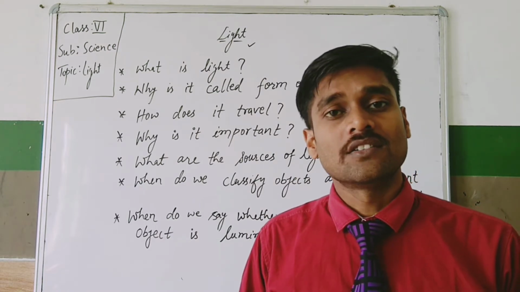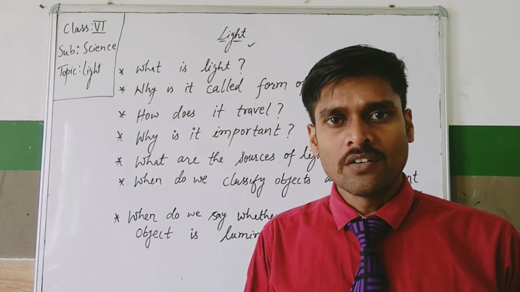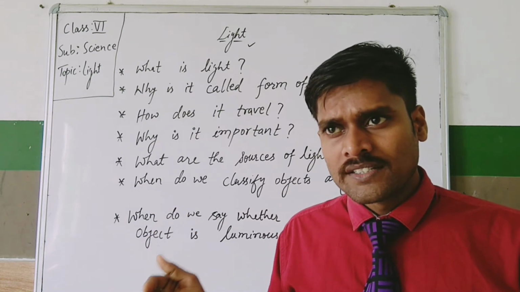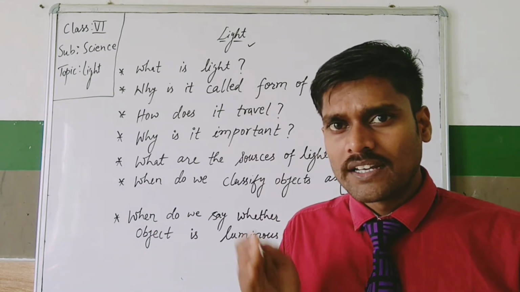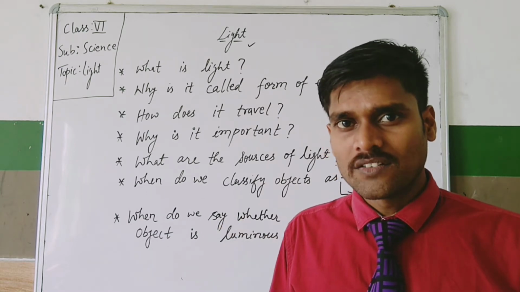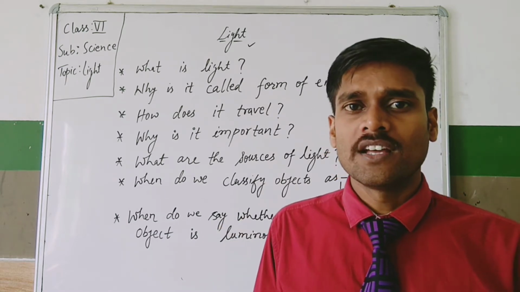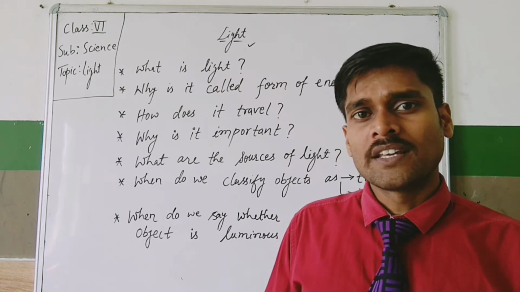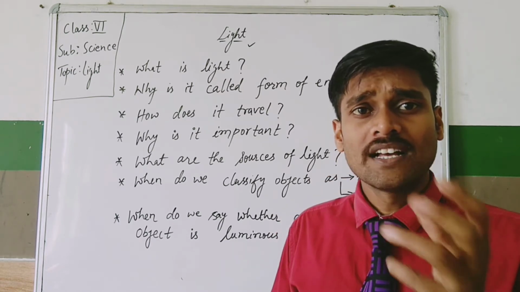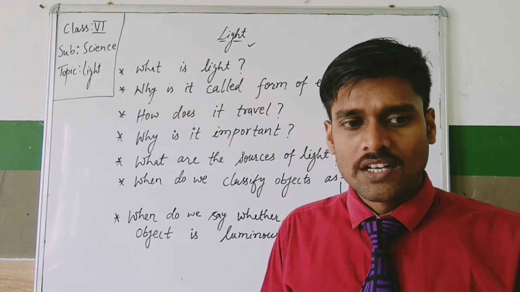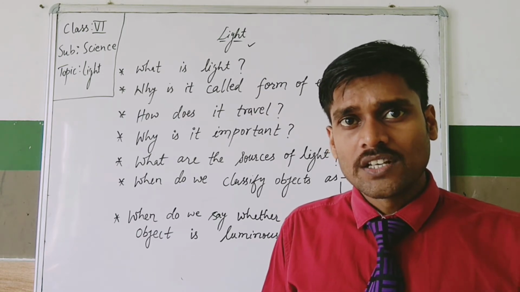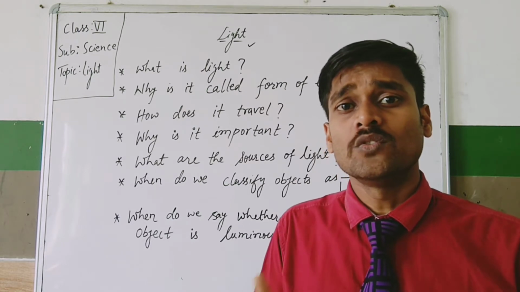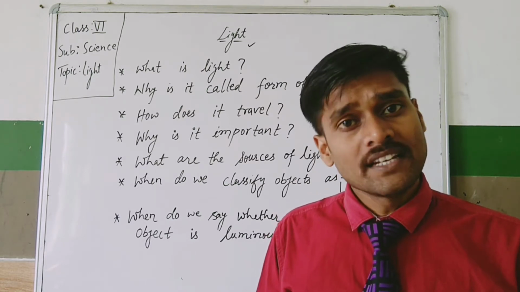Light is called a form of energy because when we take the example of an electric bulb, when we provide electrical energy to it, it gives light. And when it is giving light, it is producing heat. Means the continuous glow of the bulb results in some heat energy.